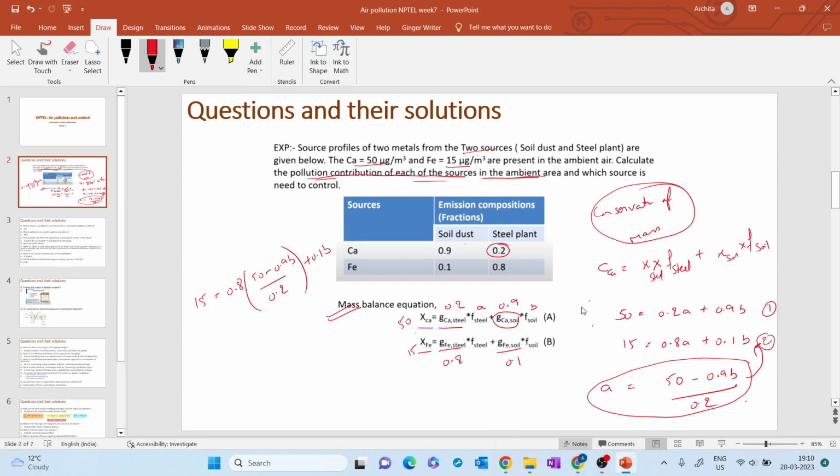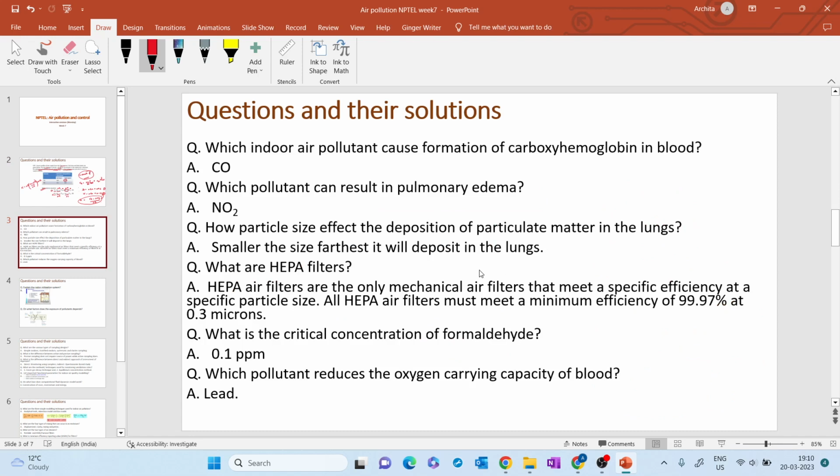Okay. So let's go ahead. Now we move towards the questions about indoor pollution. These are simple questions. So the first question is: which indoor air pollutant causes formation of carboxyhemoglobin? So carboxyhemoglobin is nothing but when carbon monoxide attaches to the hemoglobin, which is nothing but iron, right?